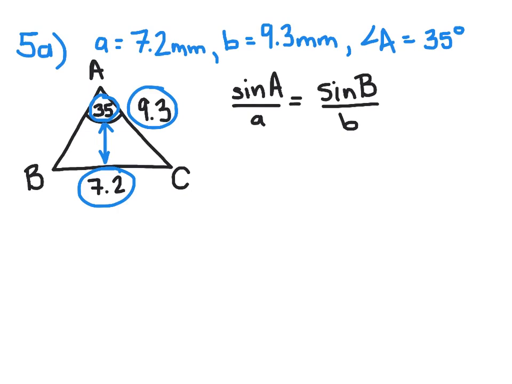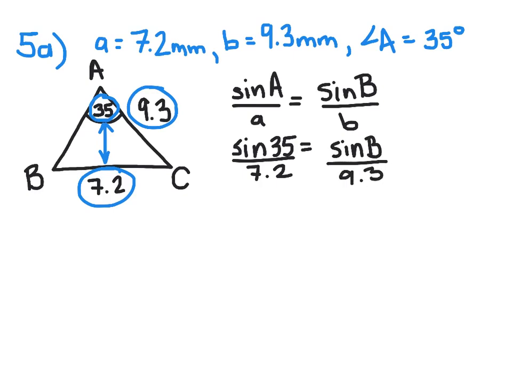If I plug in the data I have, I get sine of 35 over 7.2 equals sine of big B, which I don't have, over little b, which is 9.3. I set this up with the big B on top because I'm trying to find an angle.